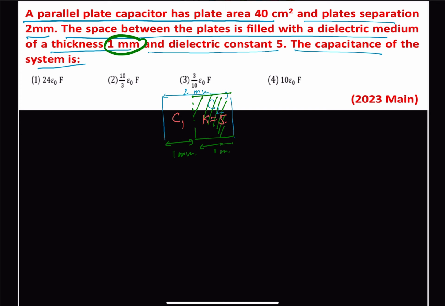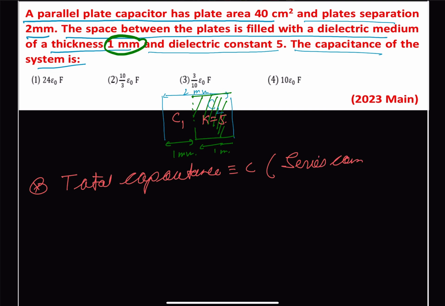Therefore, we can say that the total capacitance, if we call that C, will be a series combination. And we can write this as 1 upon C is equal to 1 upon C1 plus 1 upon C2.